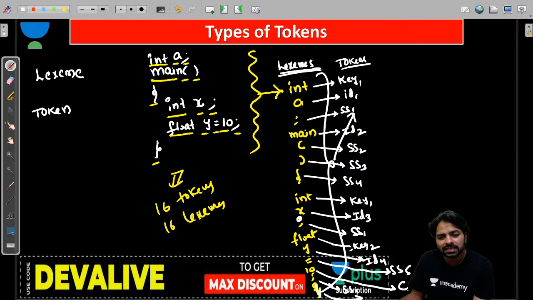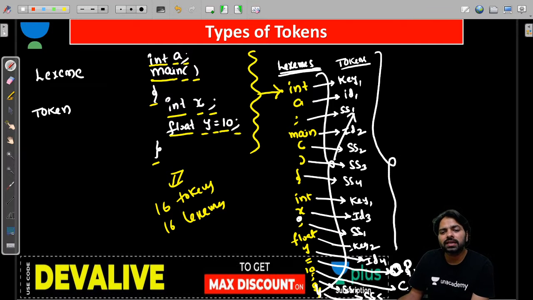The equal, I can say, even operator, OP1. So do not go blindly, each one, SS5. Now here, how many types of tokens are there?